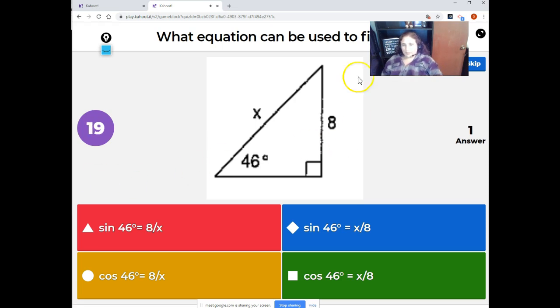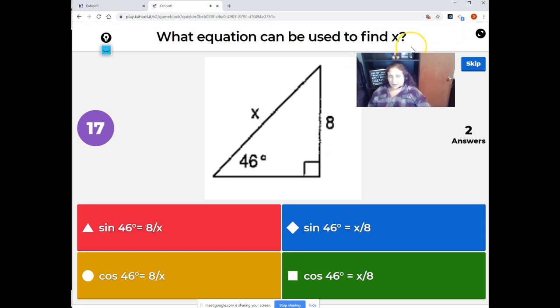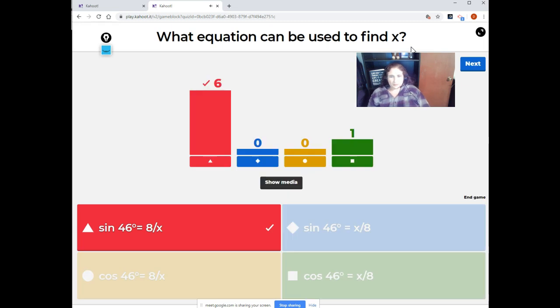Which equation can be used to find X? Sorry, my head might be in the way for you. Okay. Hypotenuse, angle, adjacent, opposite. Very good.